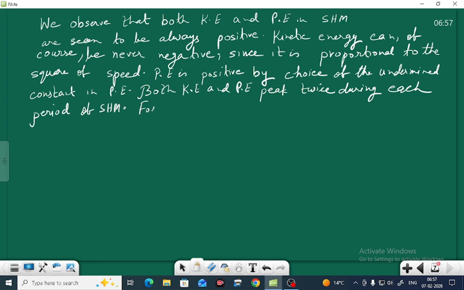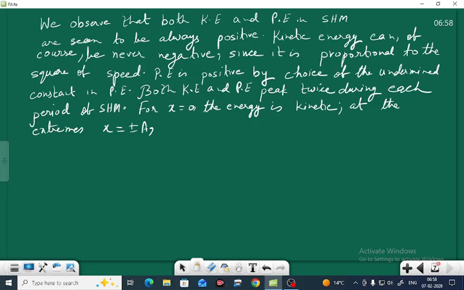For x equal to 0, the energy is kinetic. At the extremes, that is x equal to plus or minus a, it is all potential energy.